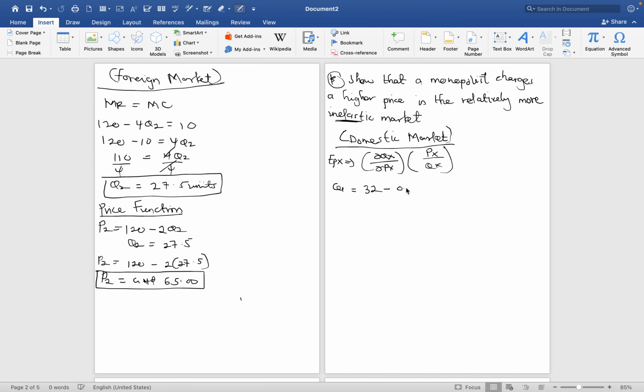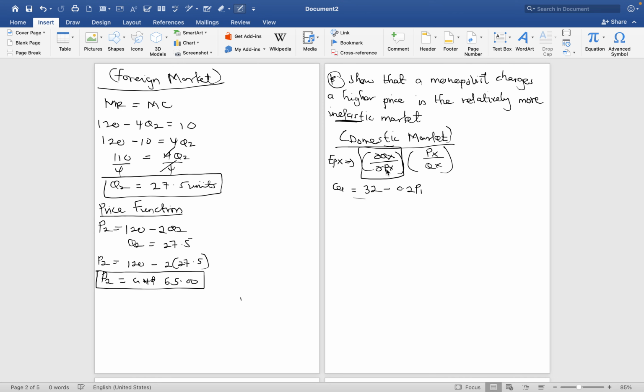Now with this particular side, we find the derivative of QS with respect to PS. So when you come to the function given for the domestic market, we find the derivative of QS with respect to PS.